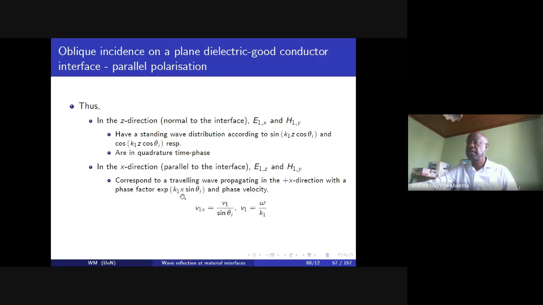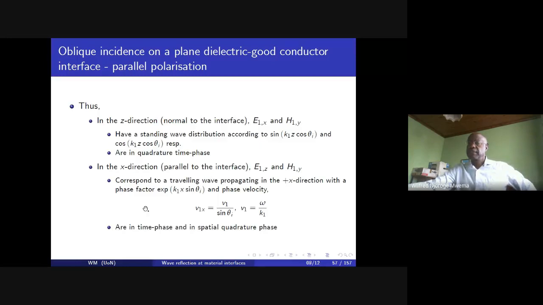In the literature, k1 sine theta I would be written as kx, but I'm just keeping the K1 intact to show the unbounded media equation, so that we don't have too many variables or constants to deal with.